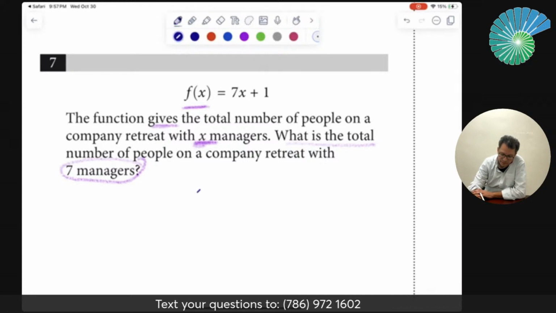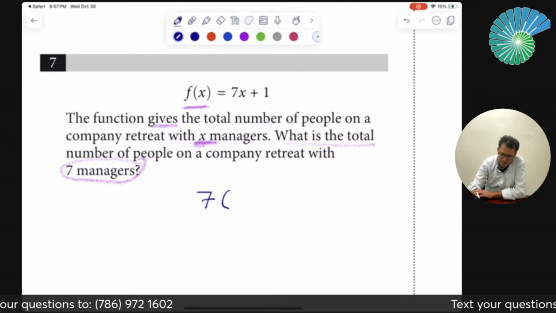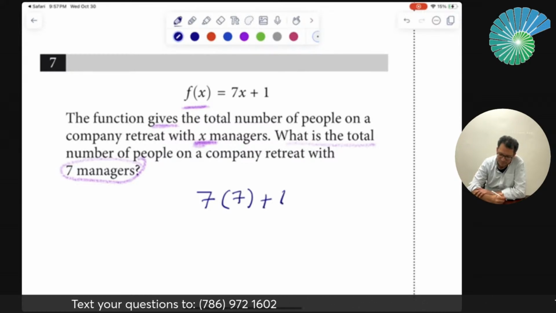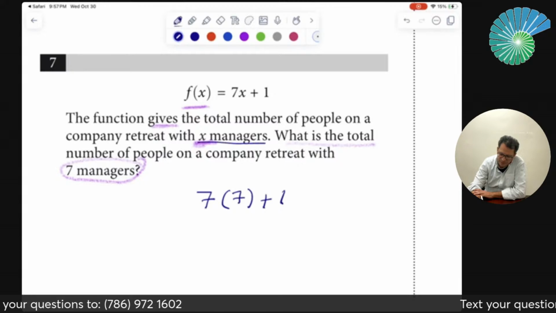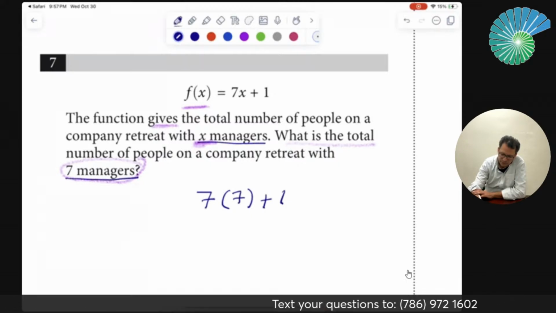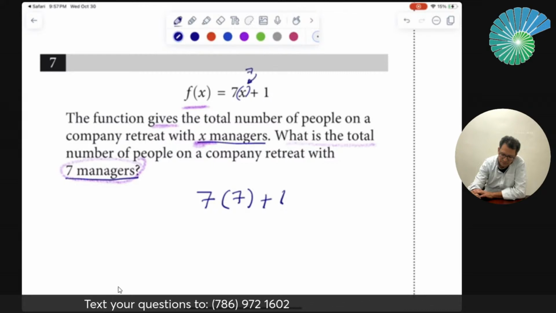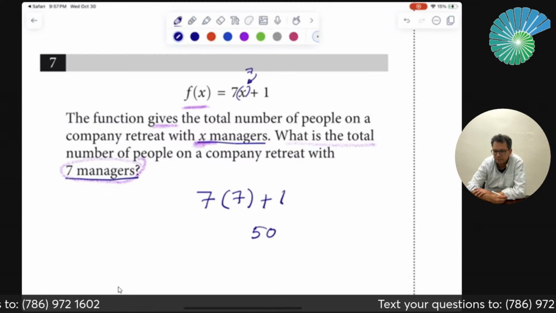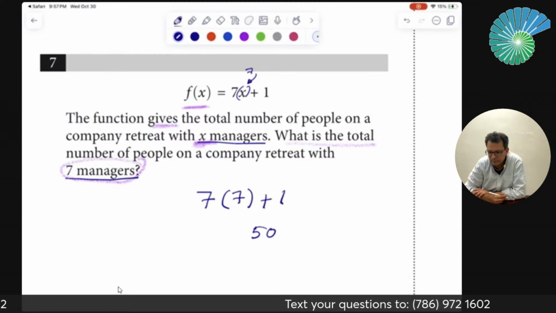The answer is 7 times 7 plus 1. Because x is the number of managers, and they're telling me that there are 7 managers, so this has to be 7. And the answer is obviously 50.